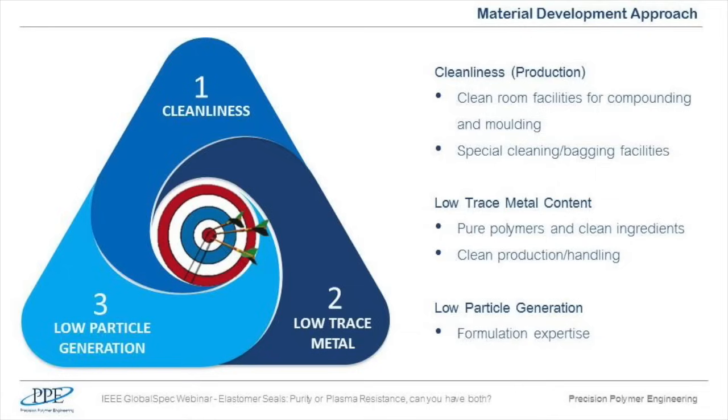Obviously, having all the processes in the clean rooms of rubber part manufacturing helps maintain the purity. Additionally, in our formulations, we always use very pure ingredients and very pure polymers to maintain the trace metal contamination at the lowest possible levels. We also work very closely with our suppliers to always provide us the cleanest ingredients.